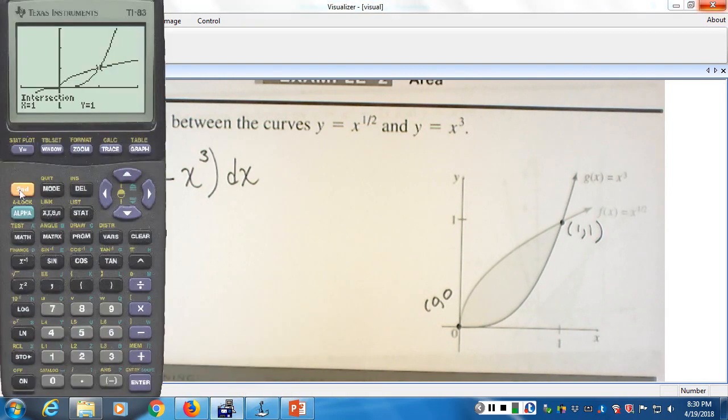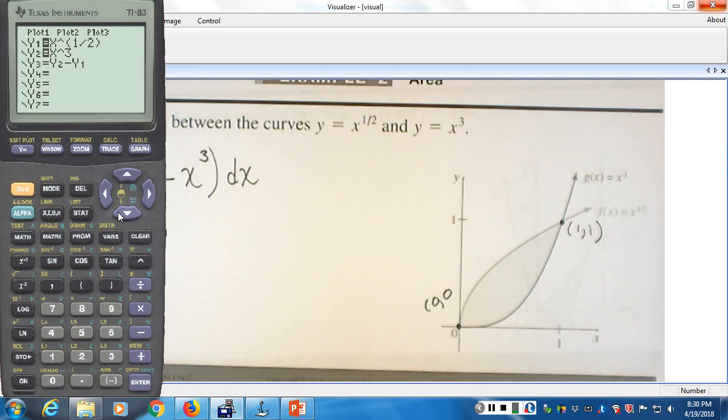So we're going to use the calculator to actually do the integration. We're going to go to the function integral. And since we've got them in here at y1 and y2, we can do that.